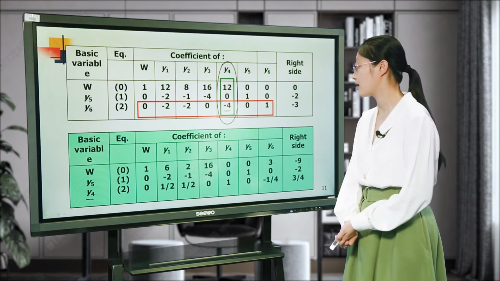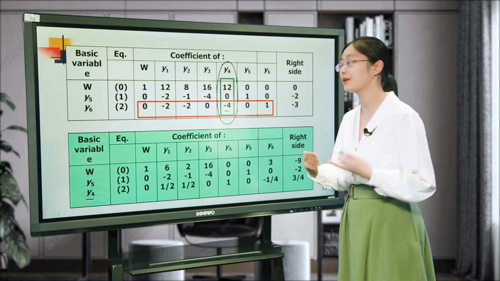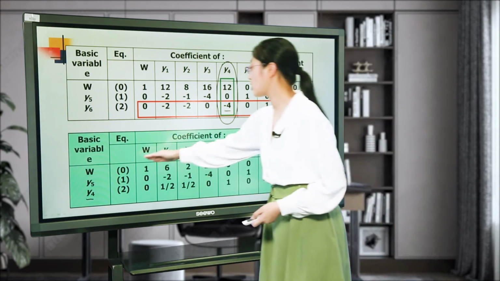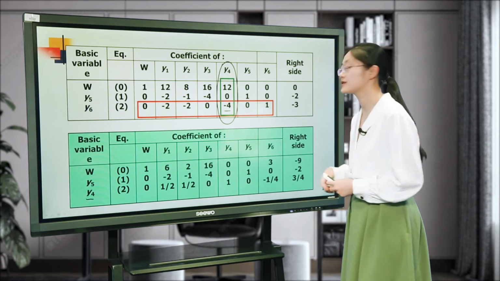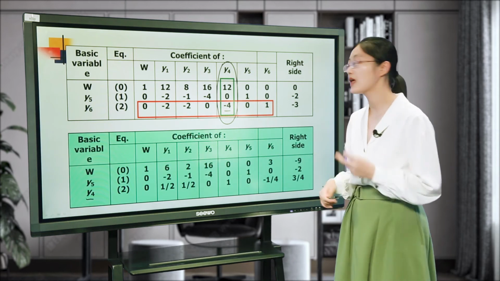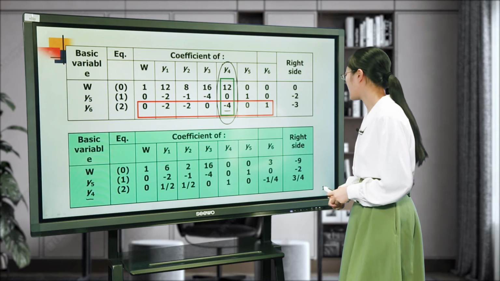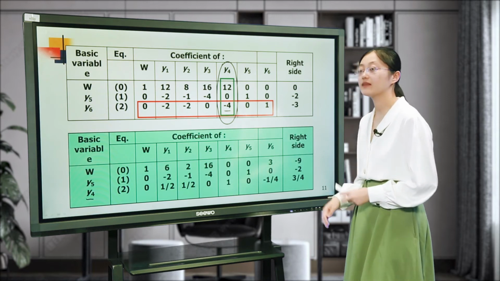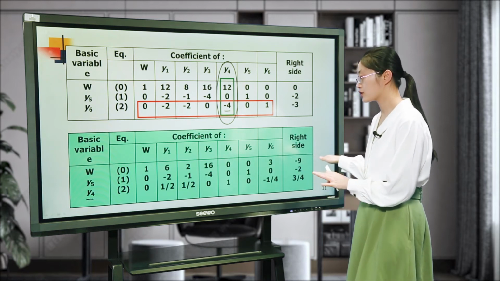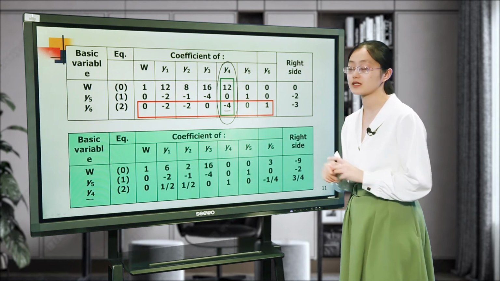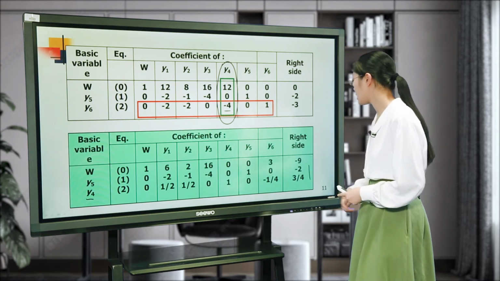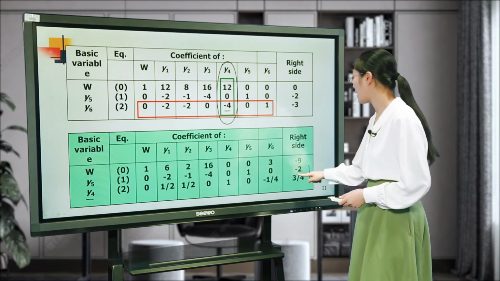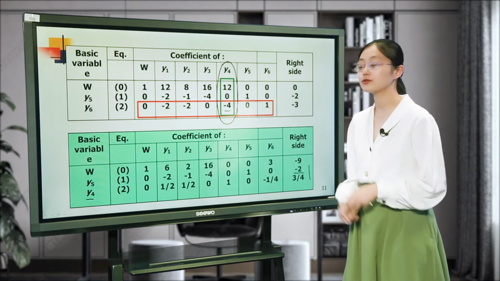This is not feasible anymore, but this is a solution that passed the optimality test by the first row. But on the right, we still have some negative values. Again, reading all the right-hand side and then ignore equation 0, because equation 0 gives us the value of the objective function. And then we have 2 constants here. There's one -1, -2 is negative.